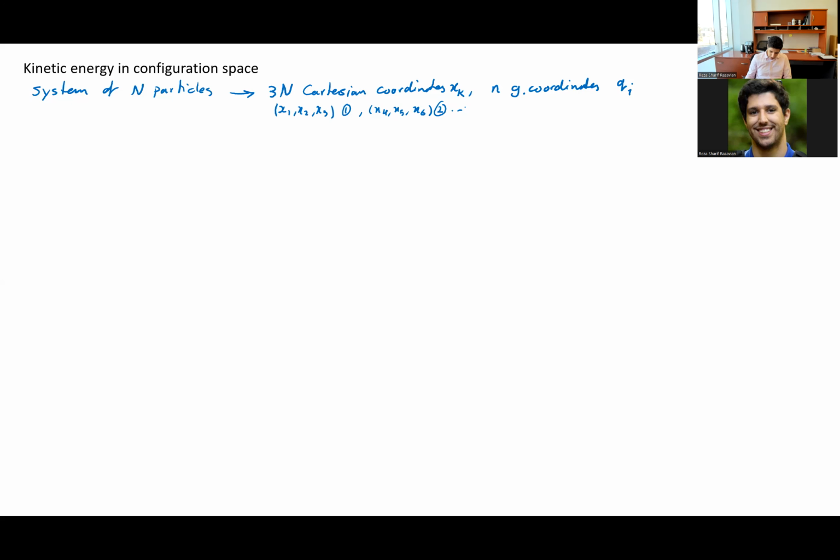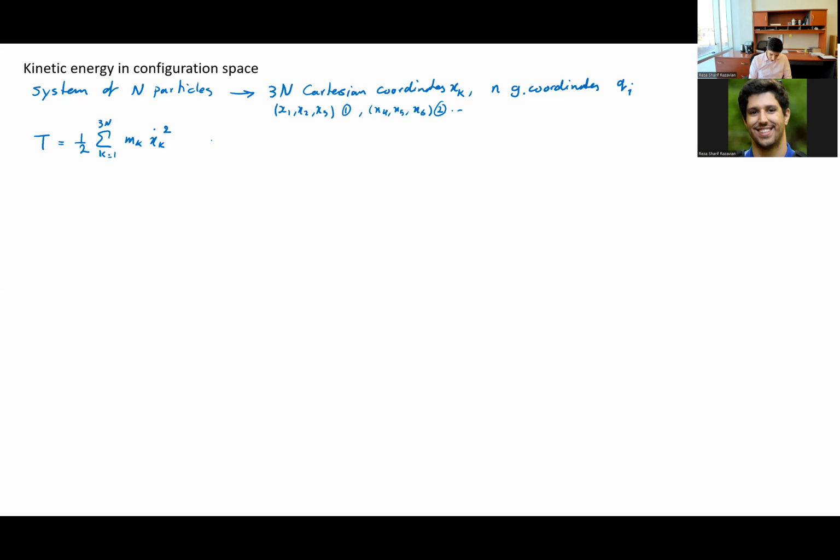Okay, we know if I have these Cartesian coordinates, the kinetic energy is rather simple to write. It's 1/2 mv squared, and v squared is the speed of each particle, which is x1 dot squared plus x2 dot squared plus x3 dot squared for the first particle. So summing all of them over the entire system, k equals 1, 2, ... 3n, 1/2 mk xk dot squared.